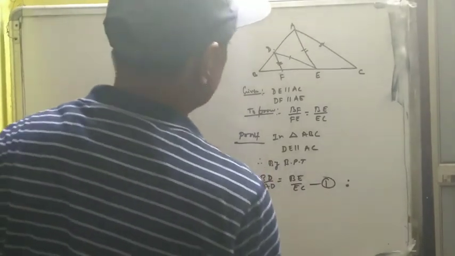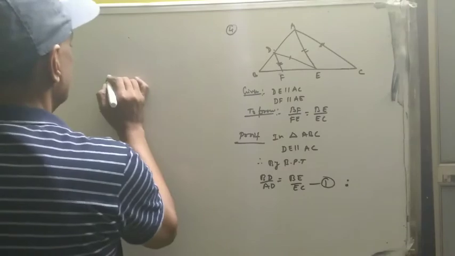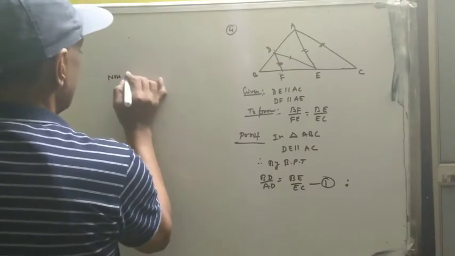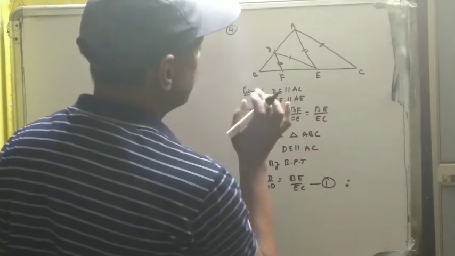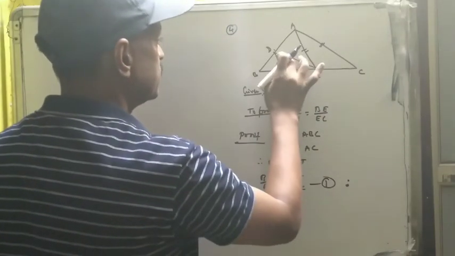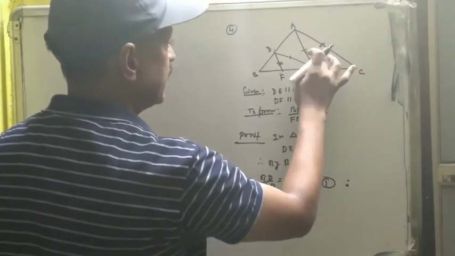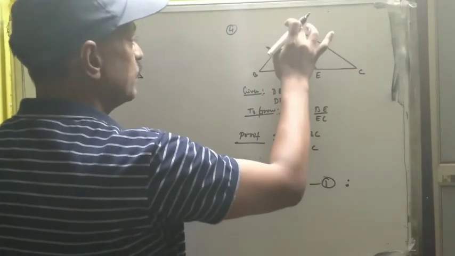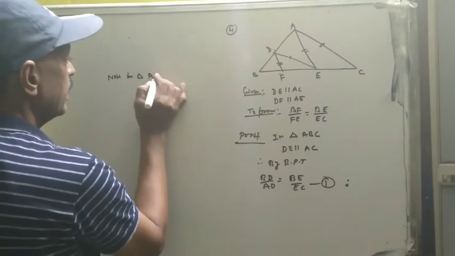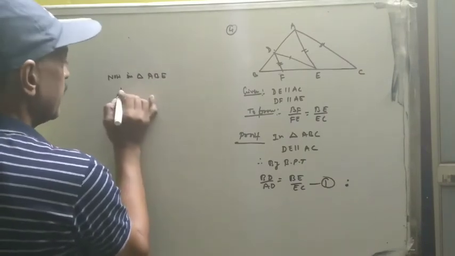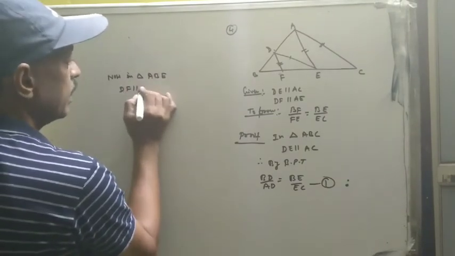In the second triangle, just see DF and AE. This one is DF and this one is AE. These are parallel, so we have to take the triangle ABE. So in triangle ABE, the parallel sides are DF parallel to AE.